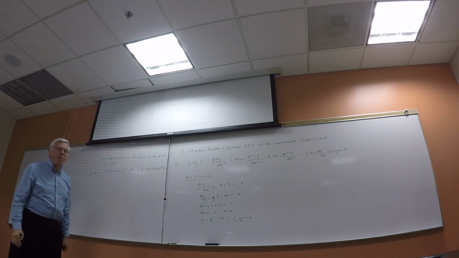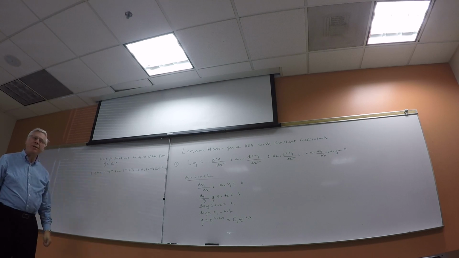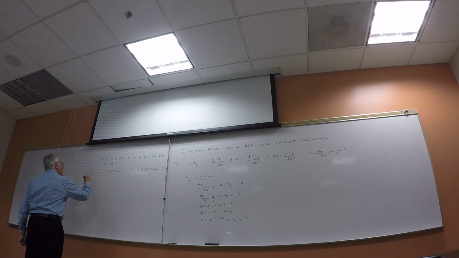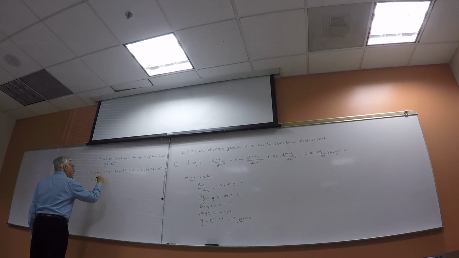So what I did was took my trial solution, e to the rx, and I plugged it into the differential equation. But something interesting happens now. So we get L operating on e to the rx, okay? I can pull out an e to the rx, and what do I have now here?